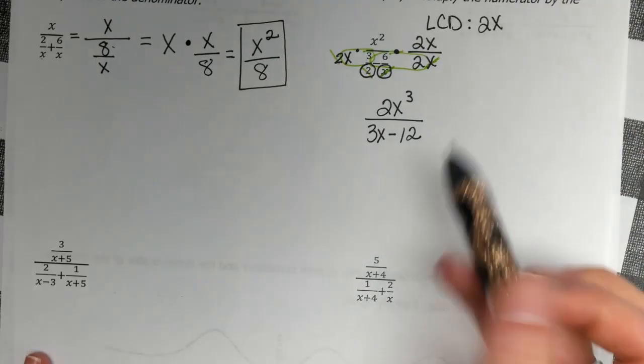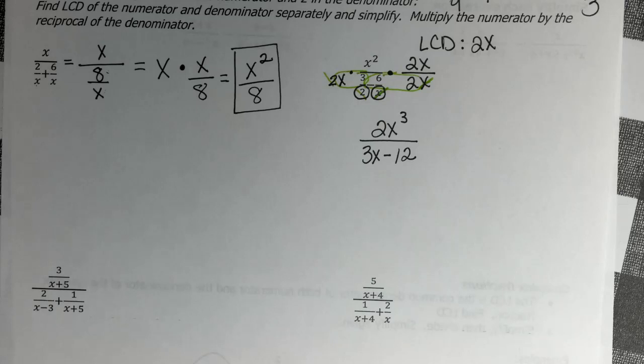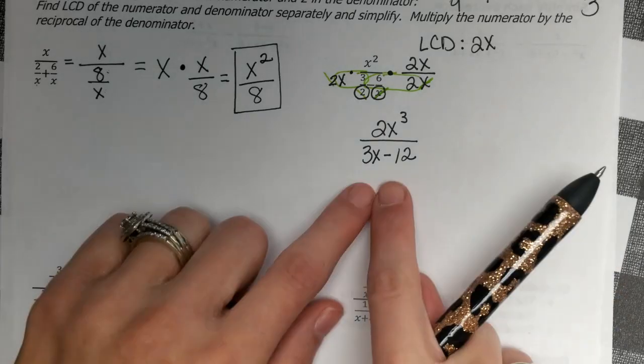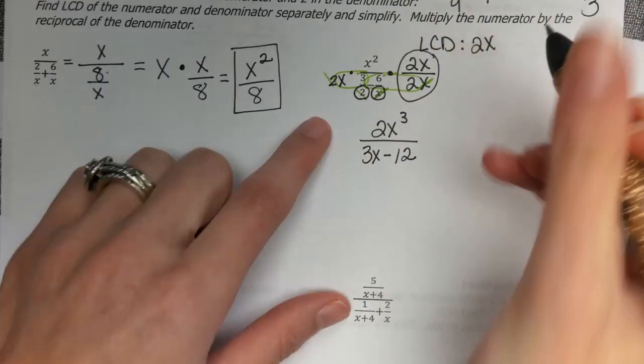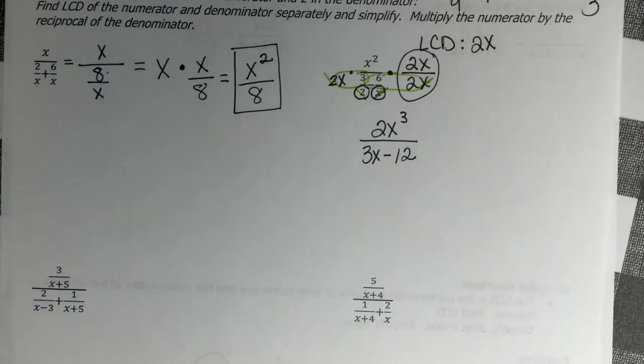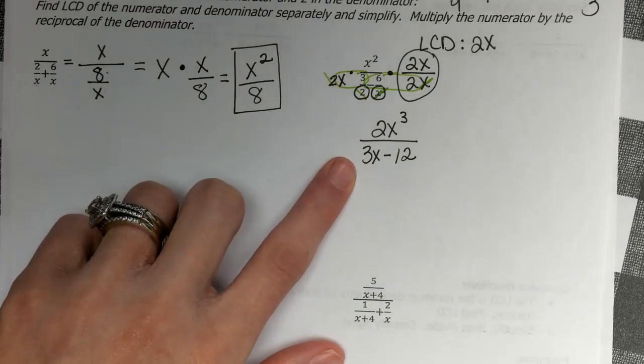So when you're multiplying by something and you have a denominator, you should cancel those out. And you shouldn't have another improper fraction. The whole reason we're multiplying by this is to get rid of the fraction within a fraction. Okay? Then you check to see if you can simplify. I can't simplify this.